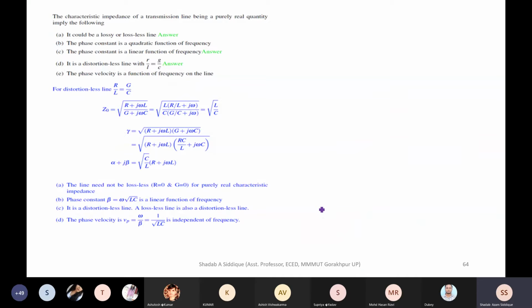Now the next problem. The question given here is about the characteristic impedance of a transmission line being a purely real quantity.